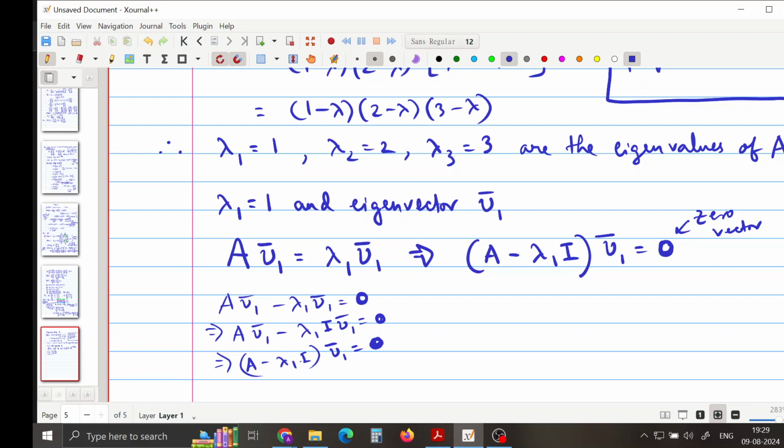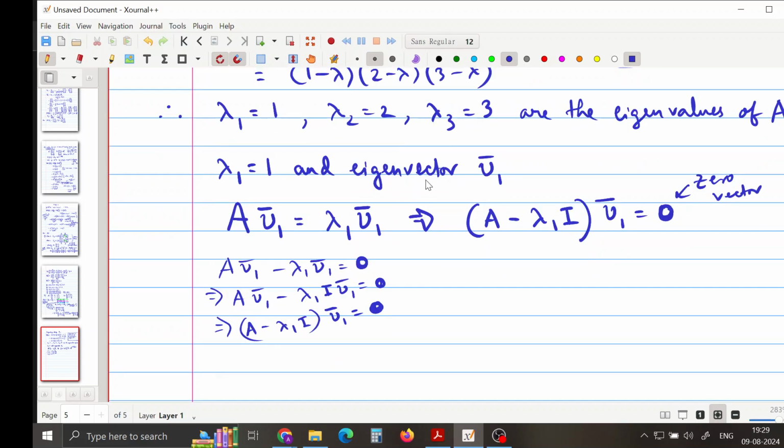All right. And in order to subtract something from A, which is a matrix, you also require a matrix. That's how I introduced the identity. So this is the eigenvalue equation. Nice. So what is lambda 1? Lambda 1 is basically 1, right?